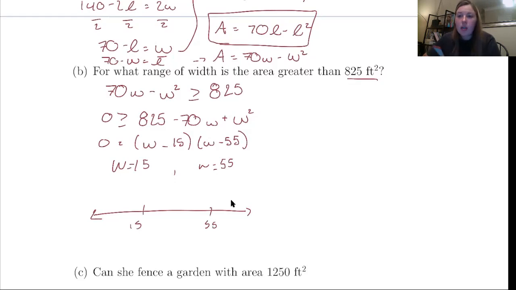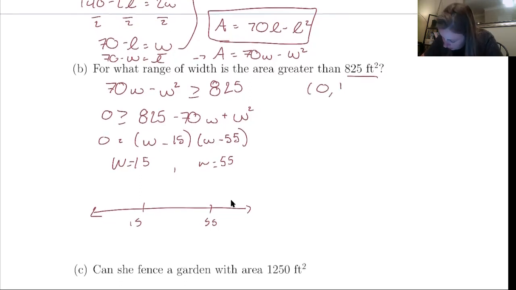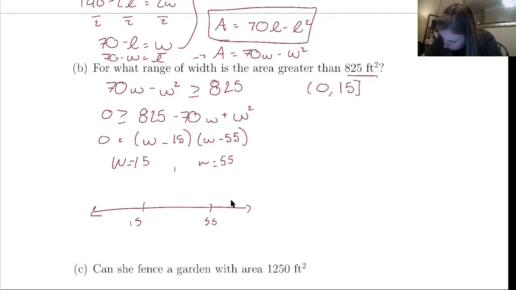My width can't be below 0, right? So I'm going to be between 0 and 15. And I could include 15 because it could equal 0. Then 15 to 55. And 55 to, what else would it be?